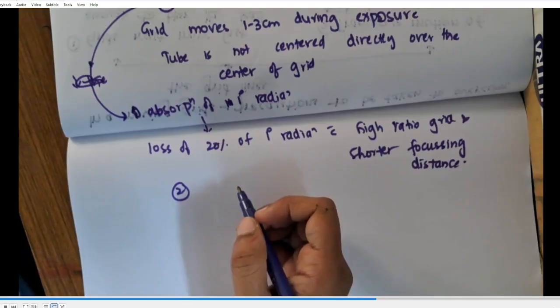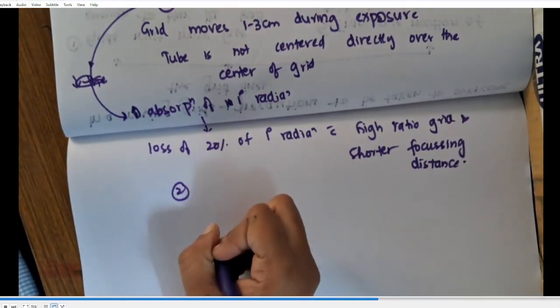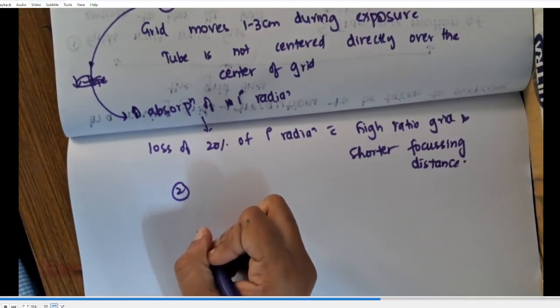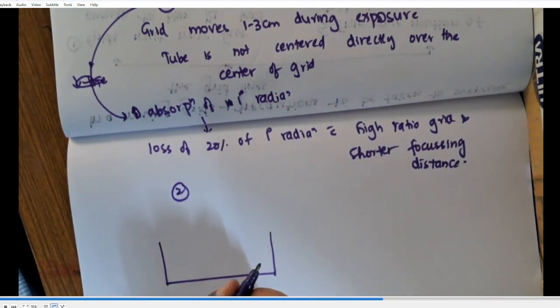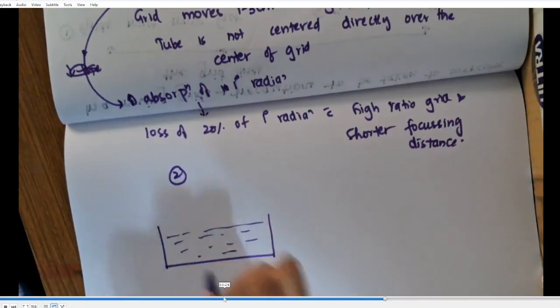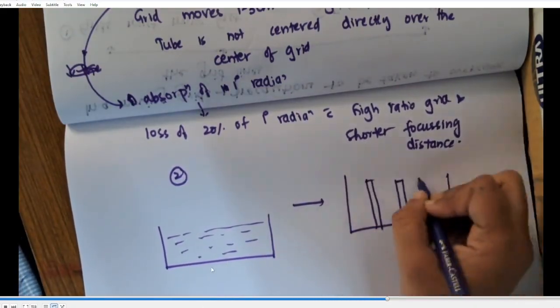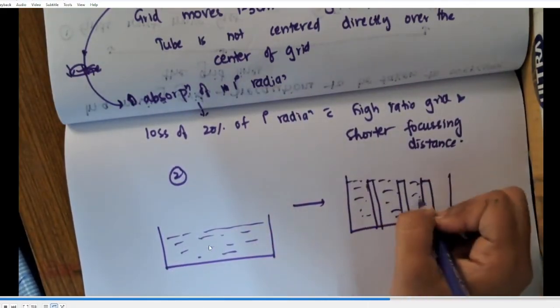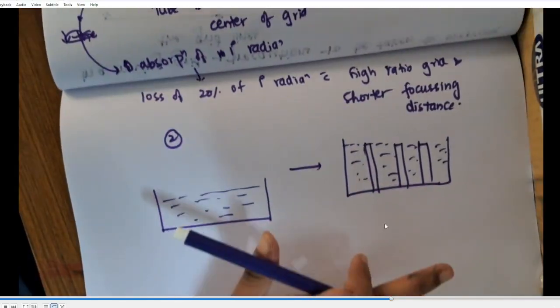The second cause for increased patient dose is a little difficult to understand. Just take an example: this is water, so this is the water level. When you place some partitions in the water layer, the level of the water will rise.